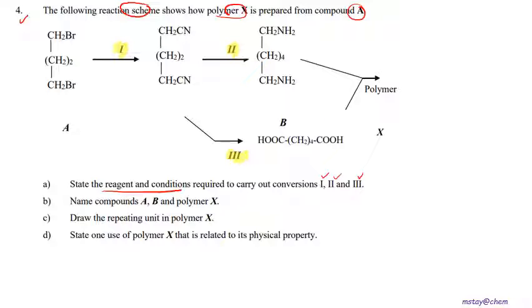Here we can see Br, bromine, is replaced by CN. So that means we can recall the chapter on haloalkanes, where we are going to react with KCN in ethanol and then reflux.